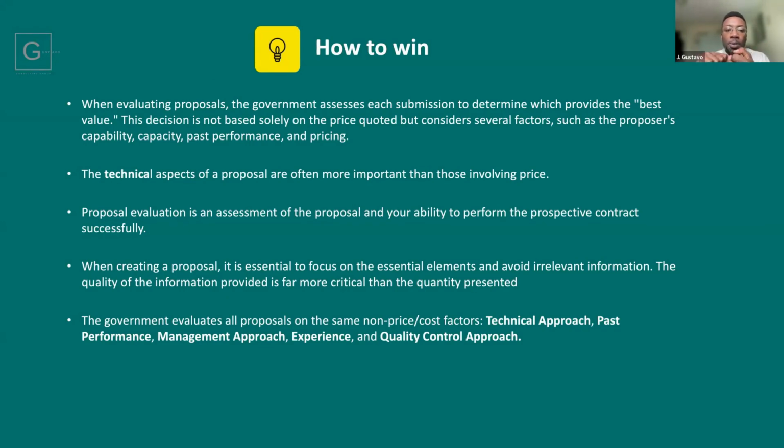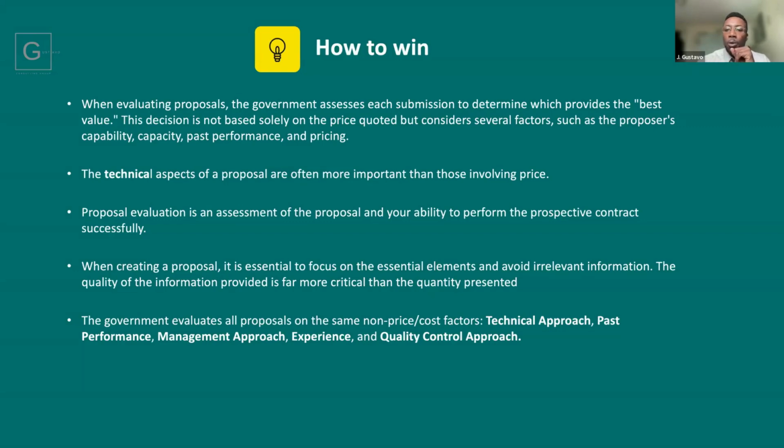The technical aspect of the proposal is often more important than the price. Meaning, if you're able to really drill down on how things will be done and what kind of outcomes you will arrive at as a result of the systems and processes you have in place, that might be a bigger weighing factor than the actual price itself.